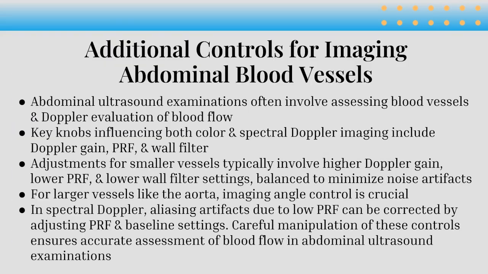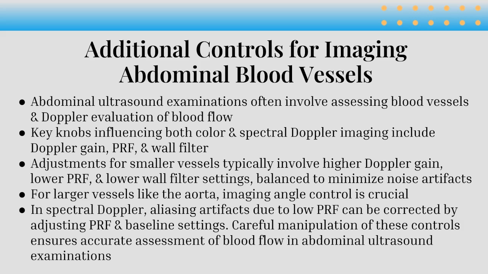Additional controls for imaging abdominal blood vessels. Abdominal ultrasound examinations often involve assessing blood vessels and Doppler evaluation of blood flow. Key knobs influencing both color and spectral Doppler imaging include Doppler gain, PRF, and wall filter. Adjustments for smaller vessels typically involve higher Doppler gain, lower PRF, and lower wall filter settings, balanced to minimize noise artifacts.